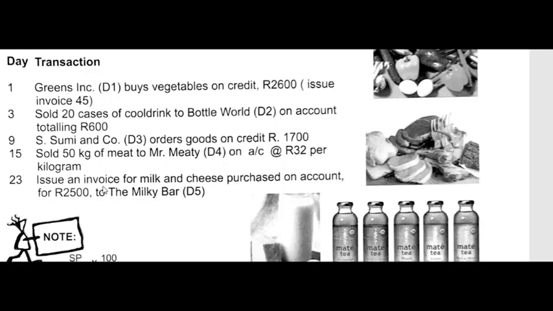If we receive invoices, it's a different story. It would affect the creditors journal, which we will deal with hopefully when you are back at school. Okay, so it says for milk and cheese purchased on account. So the words on account also indicates that this is for a debtor. For 2,500 Rand to the Milky Bar, who is debtor number 5.